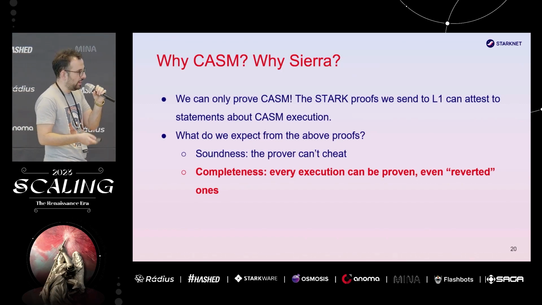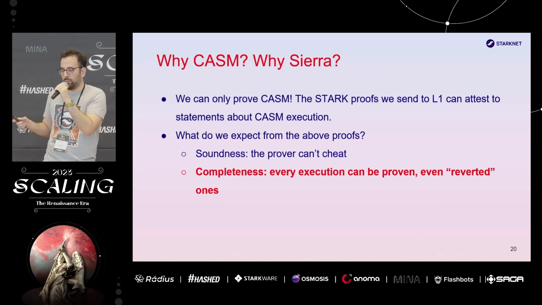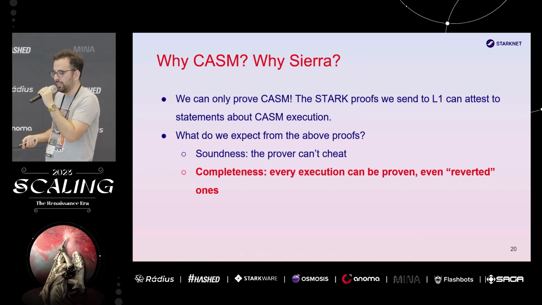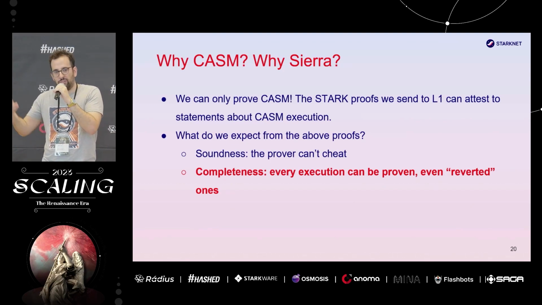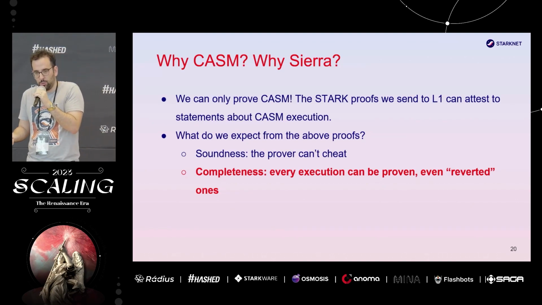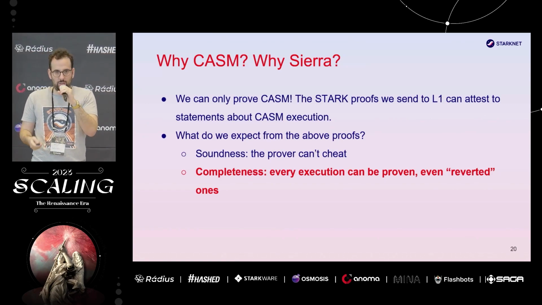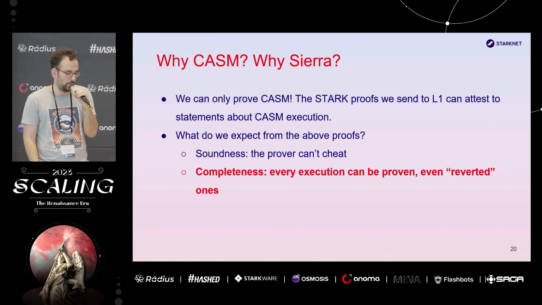But with Cairo, when I actually care about proving things, if I have a Cairo assembly instruction which is a division by 0, I cannot prove it. If anywhere in the execution flow you hit this instruction, this is unprovable because this is incorrect. I can't do it, so I can't prove it. This is actually by design, but in the blockchain context, that's a problem because now I can put this transaction in a block.